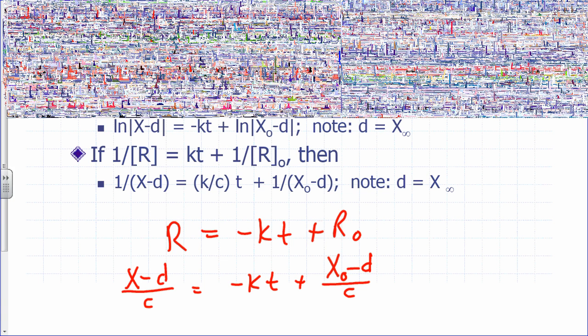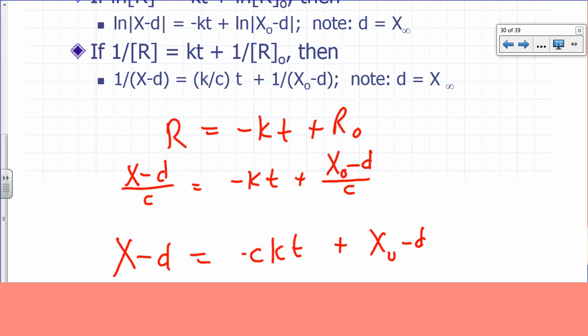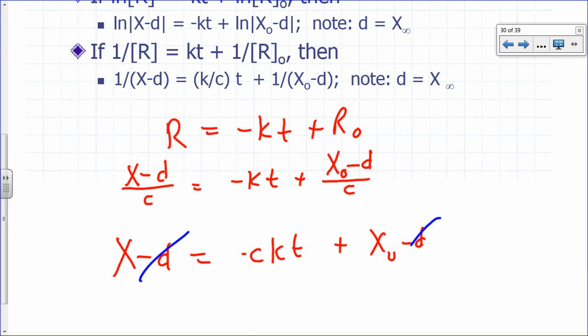Multiply both sides by C, what do you get? X minus D equals negative kCkt, plus X naught minus D. And your D, negative D cancels from both sides. You get the same equation.